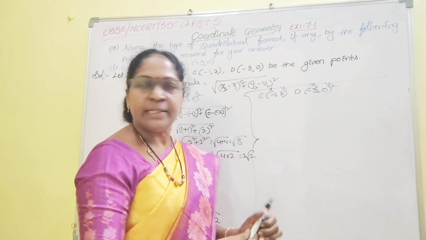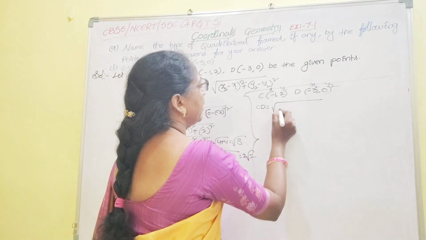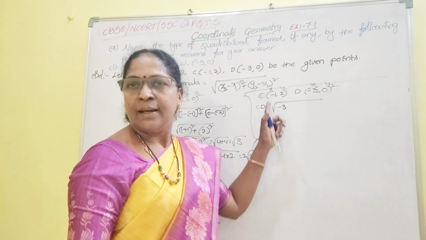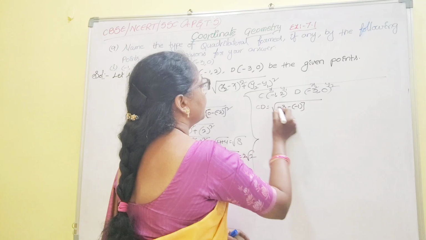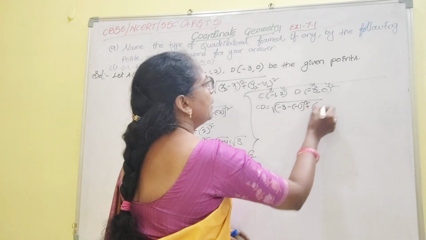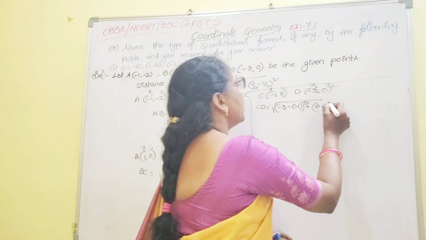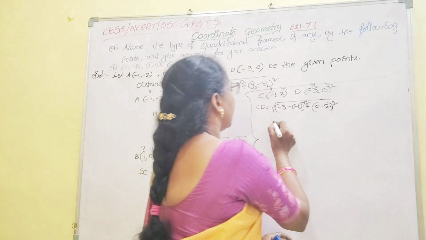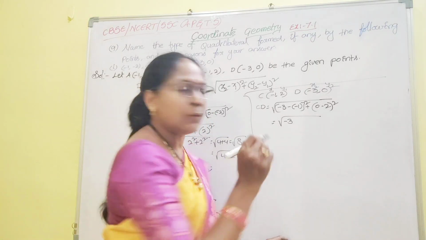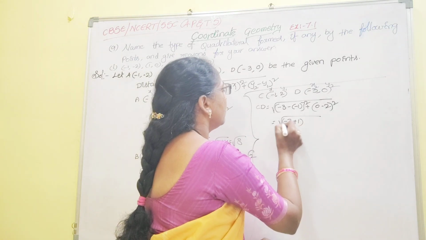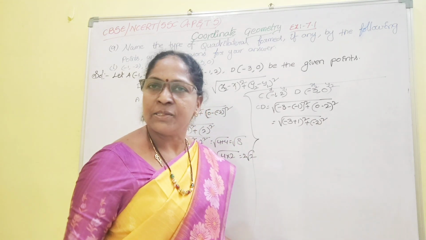Now again distance of CD, where CD equals square root of, where x2 equals minus 3 and x1 equals minus 1. So minus 3 minus of minus 1 whole square plus y2 is 0 minus y1 is 2, 0 minus 2 whole square. That equals square root of minus 3 plus 1 whole square plus 0 minus 2 is minus 2 whole square.